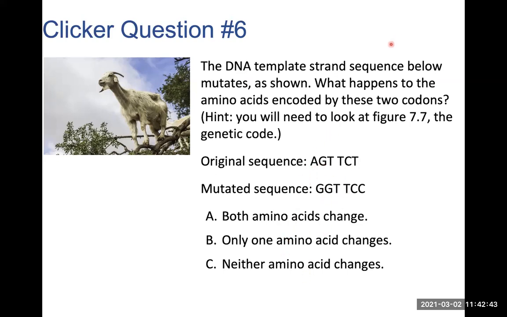Write down the original sequence and then the mutated sequence. So I'm going to go to the chart now.